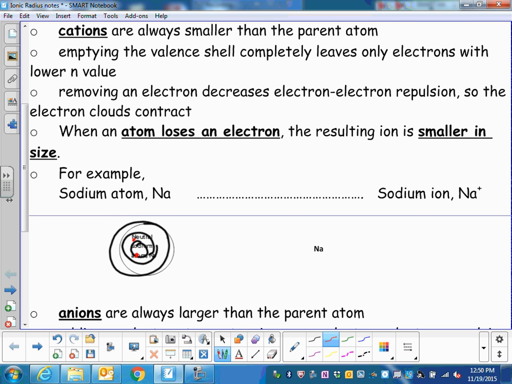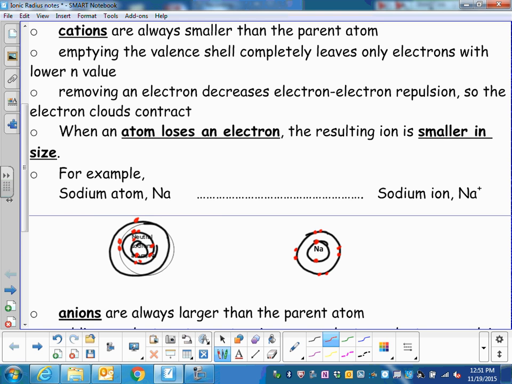Is that right? When it loses an electron, there's only 1 electron in the outermost shell. Is that right? When it loses that electron, how many rings does it now have? 2. So the size becomes smaller.